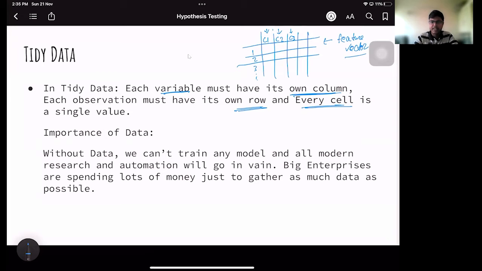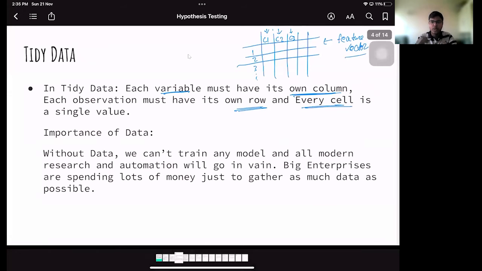The search algorithms, everything requires data. Big enterprises are spending lots of money just to gather as much data as possible. This includes Microsoft, Google, and any kind of enterprise which has involvement in machine learning. So data is very important, and good quality data is more important.